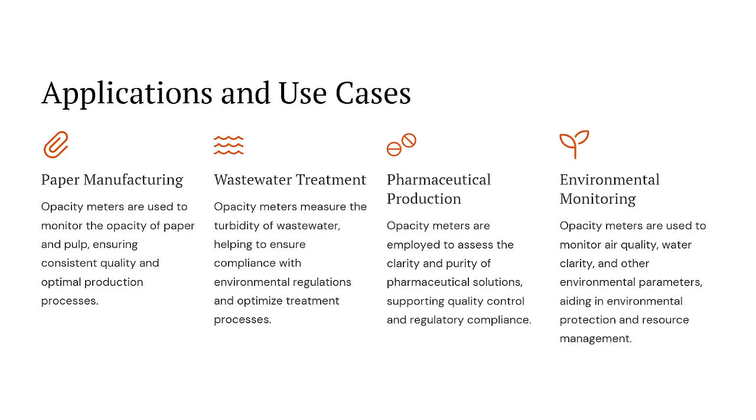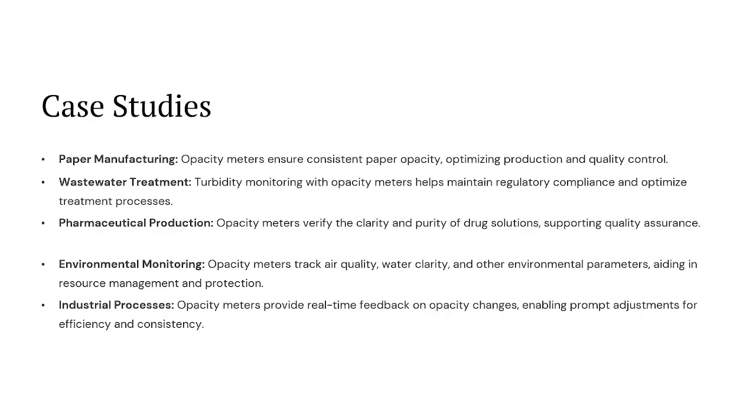In pharmaceutical industries, they check the clarity of medicines to ensure they are pure and safe. And the fourth one is environmental monitoring. They measure pollution in air and water to protect the environment. These devices are incredibly versatile and valuable.